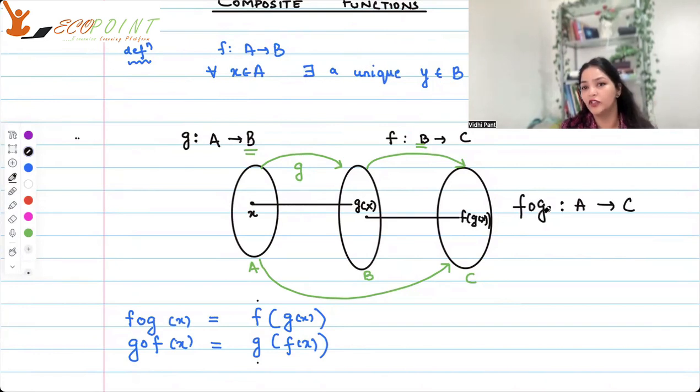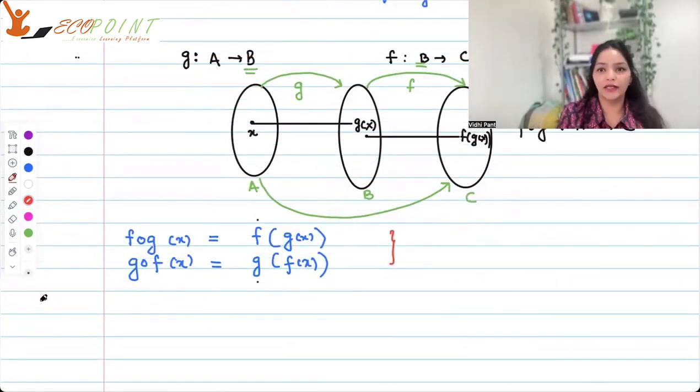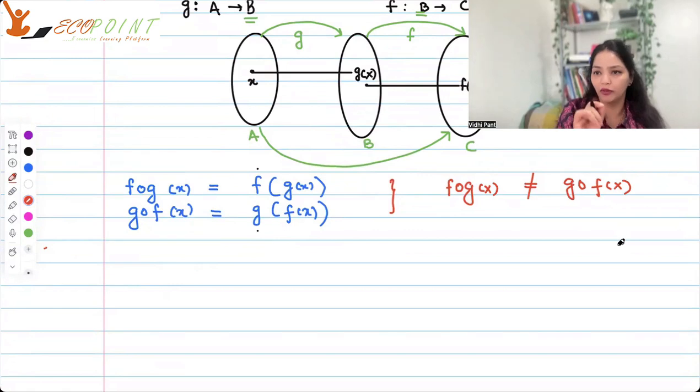So the composition here is f of g. G of f will be very different. In case we swap f and g in the way we are constructing it, if we interchange the positions of g and f, then we can get g of f. So from here, it must be very clear to you that commutativity is not satisfied by composition. So g of f is not equal to f of g. Always remember that. This is a key point to remember.